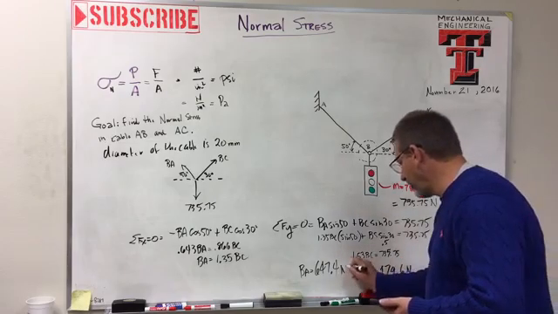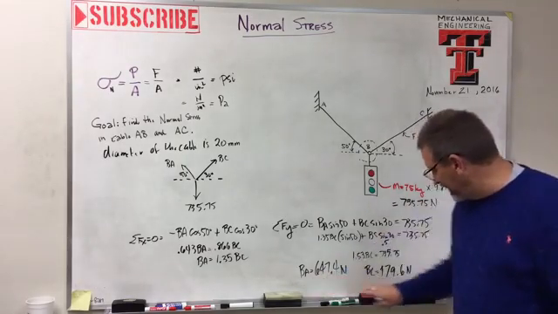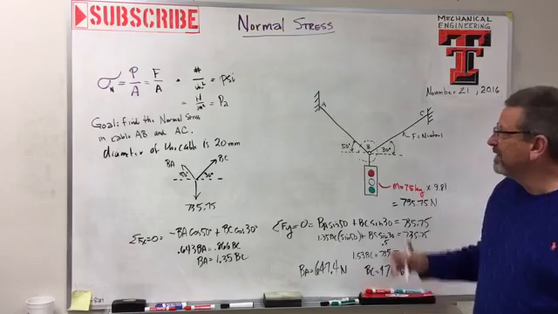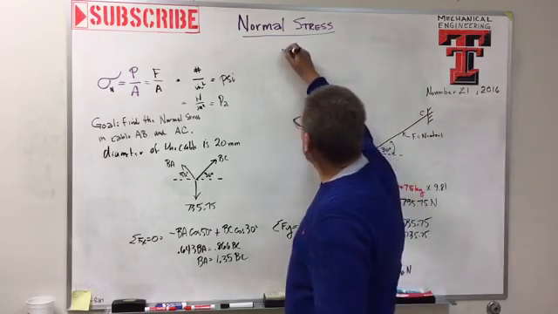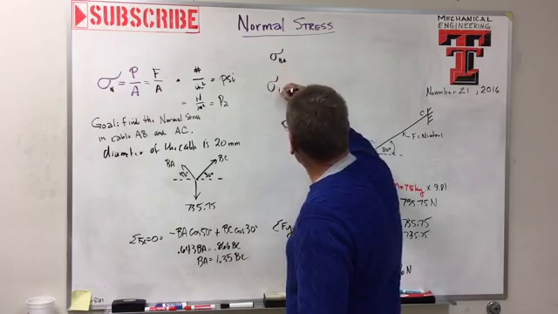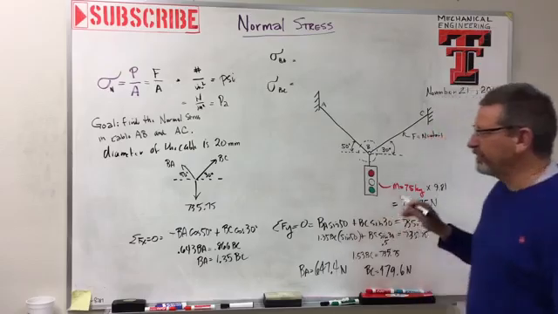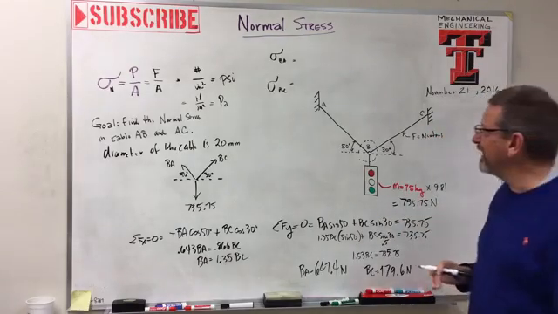Okay? So now we have, this is statics, right? I found the force in BA, I found the force in BC. So here we go. Let's find the normal stress, sigma BA, and then sigma BC. Both cables are the same. They're 20 millimeters in diameter.